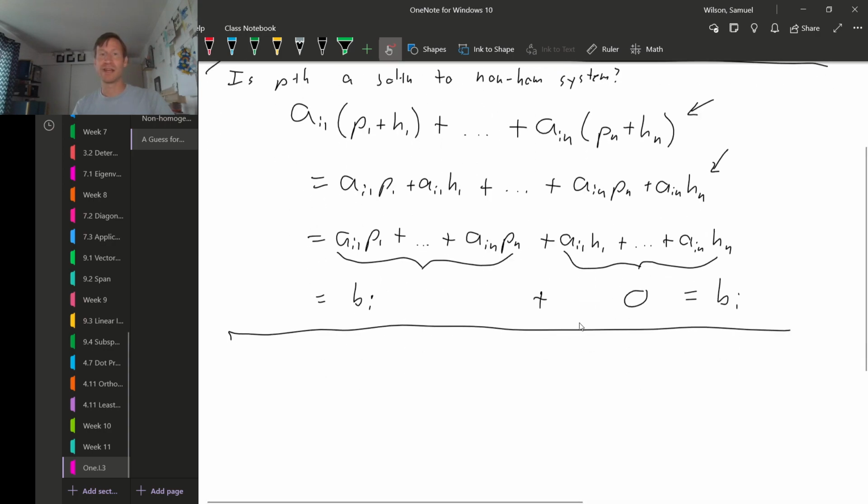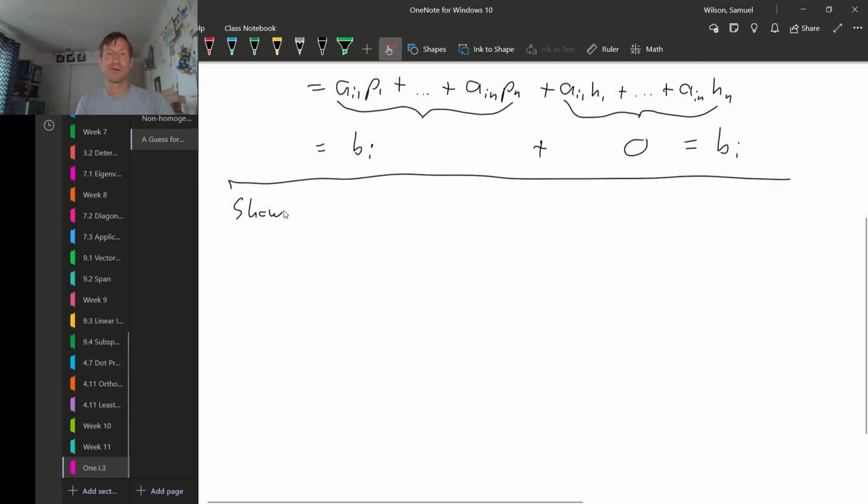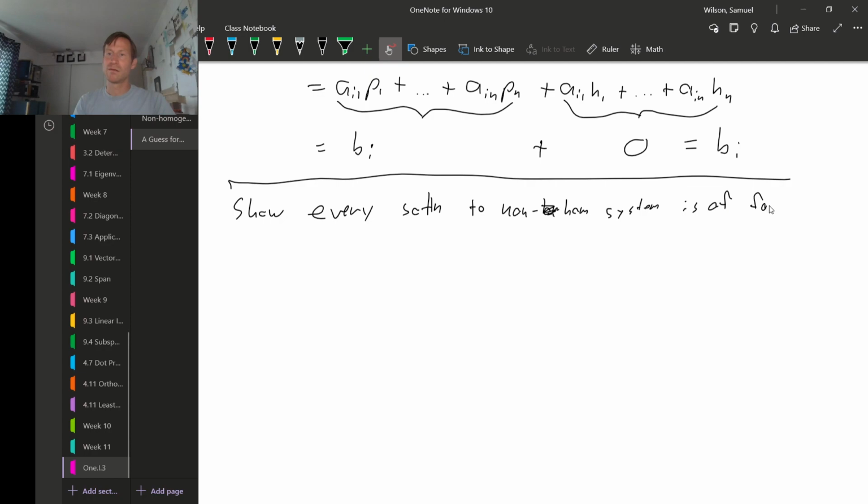So, right, now we need to show every solution to the non-homogeneous system is of the form p plus h for some h, which is a solution to the associated homogeneous system.